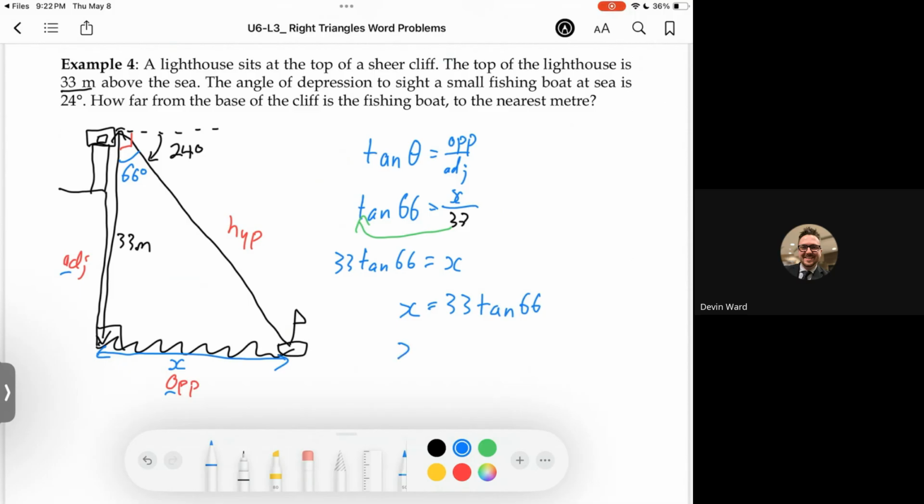So I get 33 times tangent of 66, which is going to be 74.1192135. But I want this to the nearest meter, so that would work out to 74 meters. Okay.